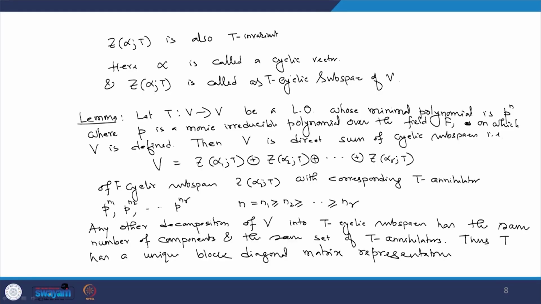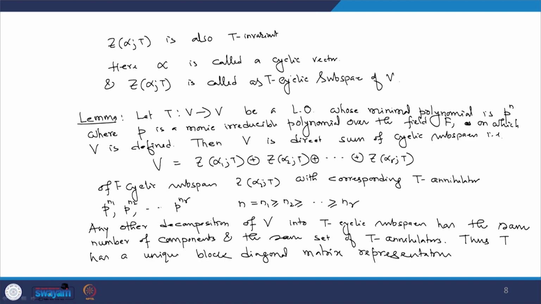This result, in terms of a lemma, is saying this: let T be a linear operator from V to V, where the minimal polynomial of the operator T is p to the power n, and p is a monic irreducible polynomial over the field F on which V is defined.